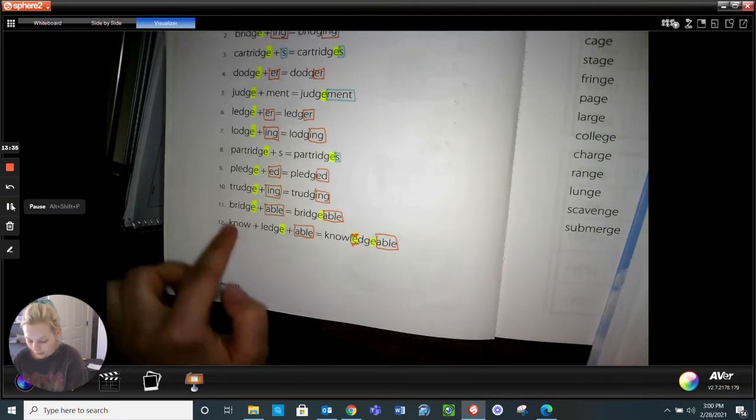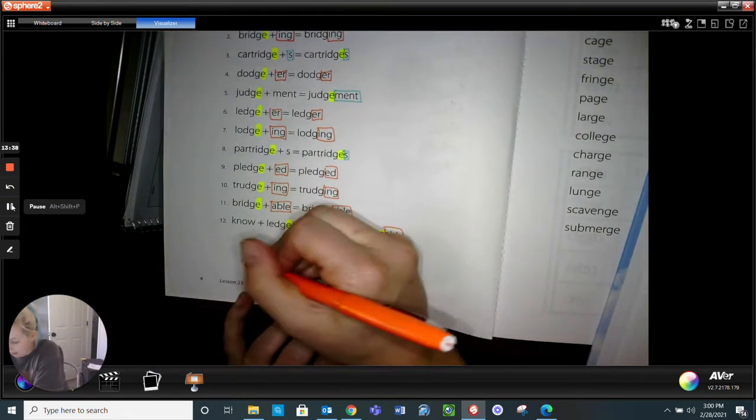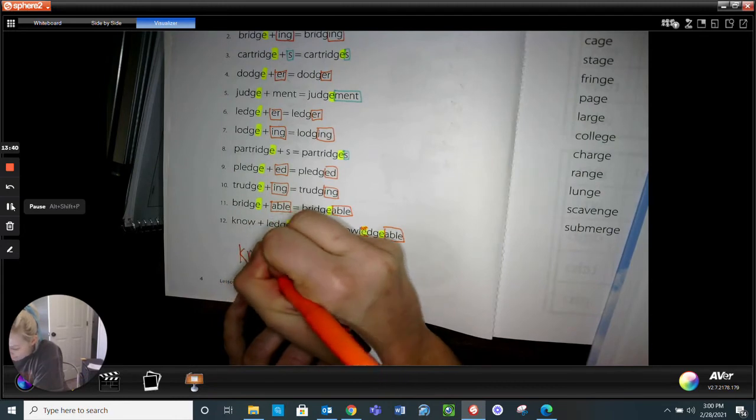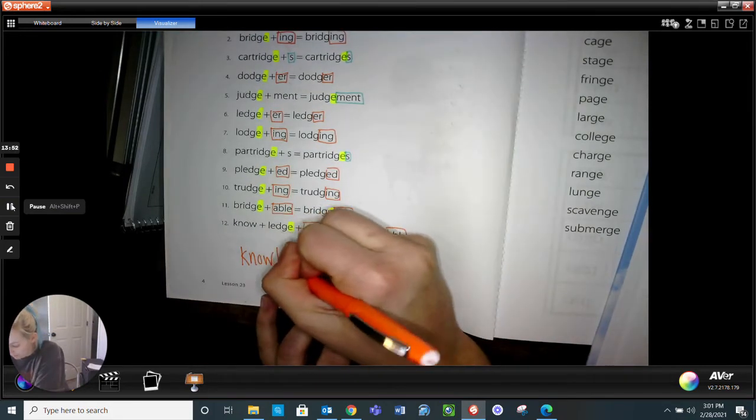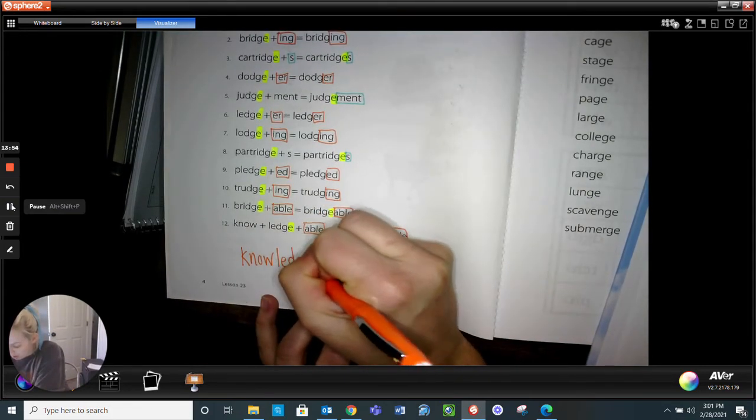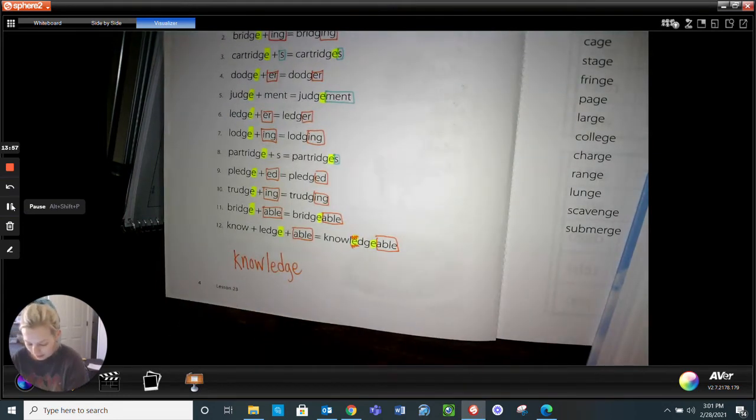It's know. Very good. So what do we add to know to make knowledge? Ledge. Very good. Do you see a phonogram in the word knowledge that is not saying the sound you would expect it to say?